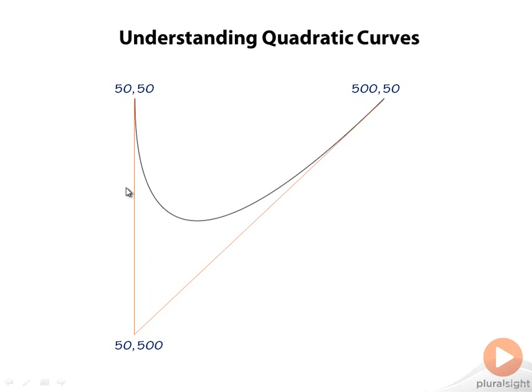So if you imagine drawing this kind of triangle shape that you see right here, it'll basically hug the line, but then draw this curve as appropriate based on how far away this is. So if this line over here was way over here, then obviously the curve would come out this way. So it's a way to draw some different types of shapes and have a lot of control over it.